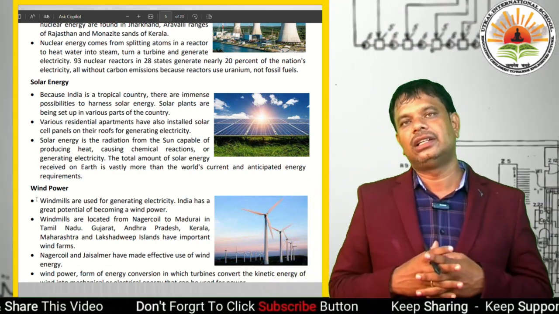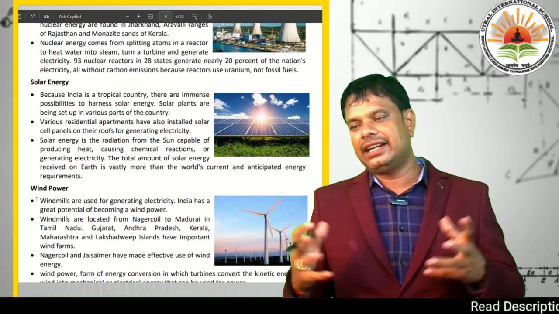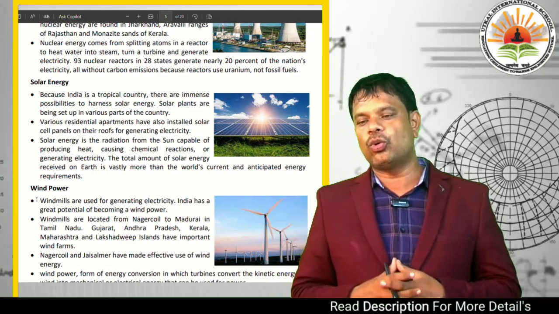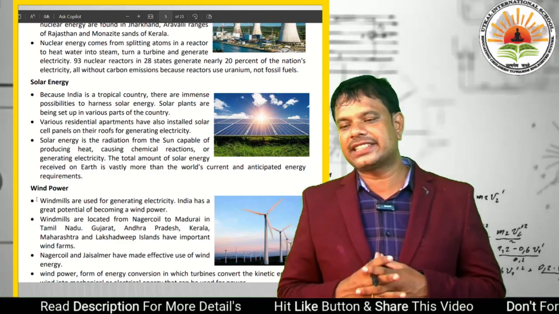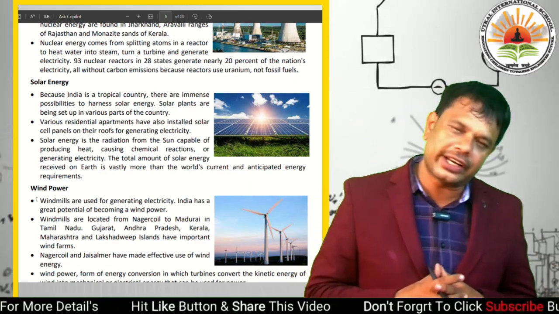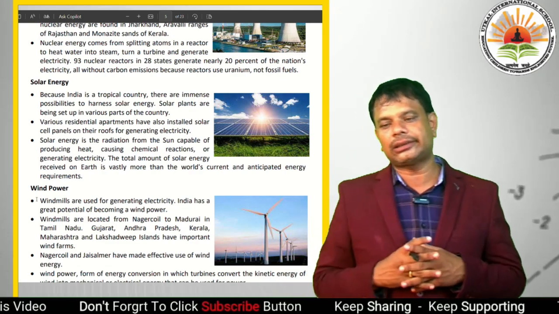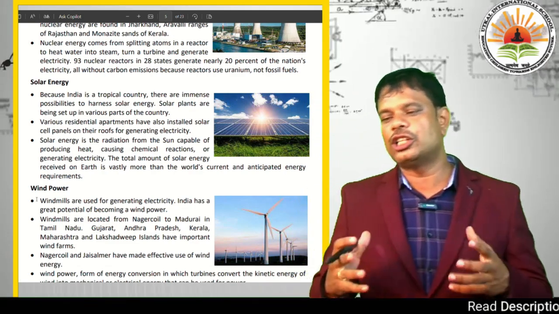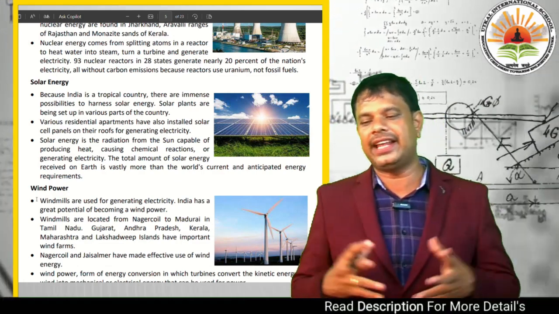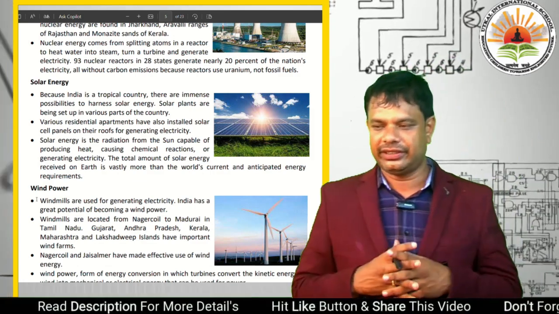Because India is a tropical country and there are immense possibilities to harness solar energy, solar plants are being set up in various parts of our country. Various residential apartments have also installed solar cell panels on their roofs for generating electricity.